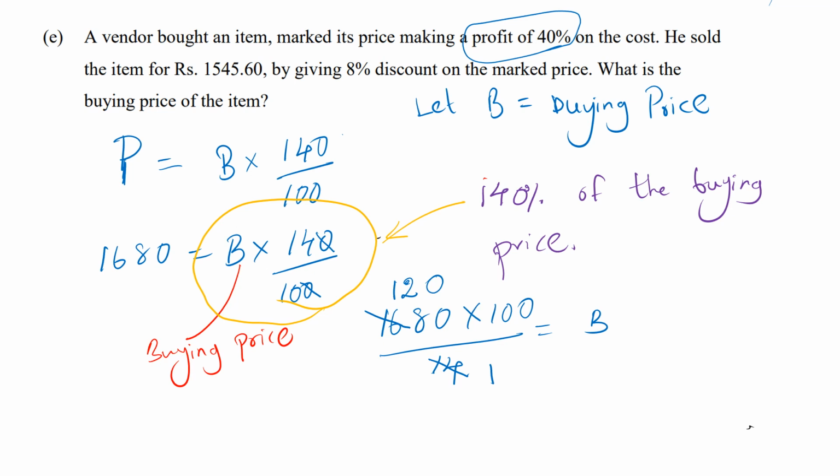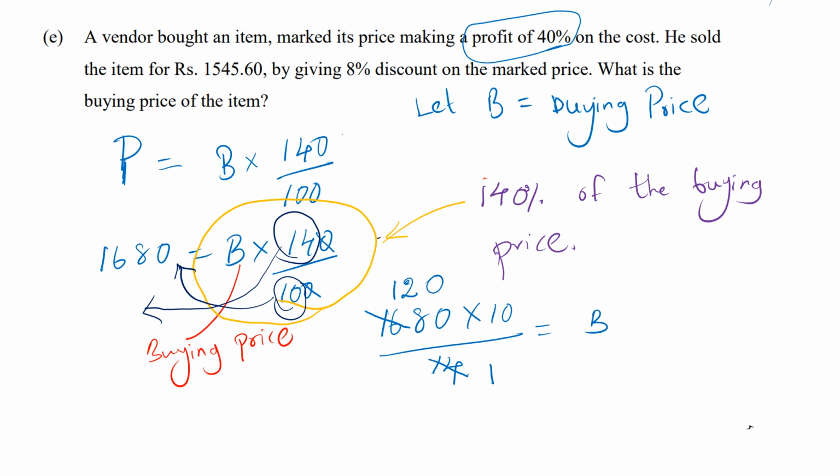Actually, if you do this cross multiplication, you don't get 100 here. You only get 10 here, because this 10 goes here and this 14 goes there. This is how it happens.